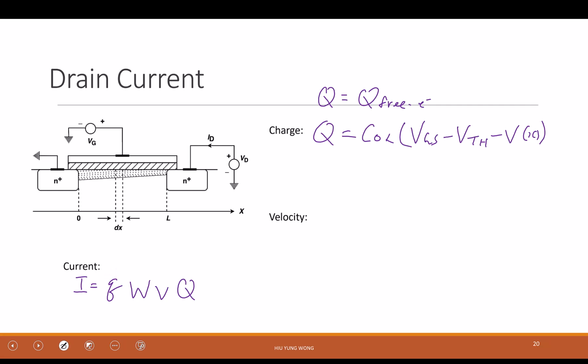What is the velocity of the electron? V equals something called mobility times the electric field. How fast your electron can move depends on how mobile they are. Different materials have different mobility.